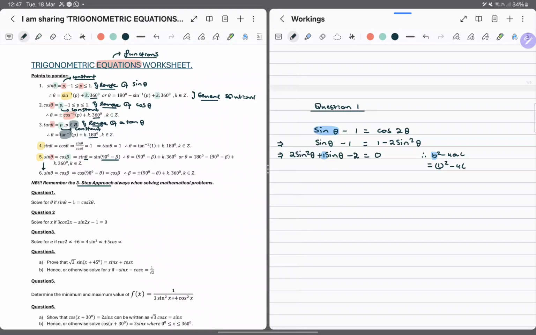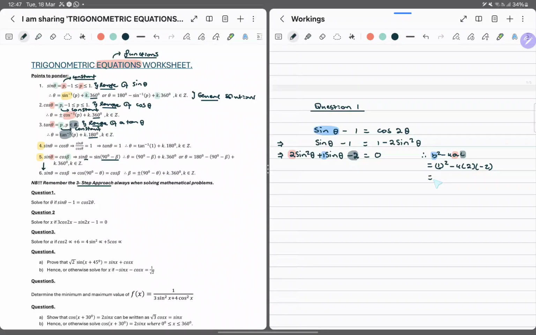And then a is the coefficient of sine squared. Remember, the variable is sine here. Okay, sine of an angle. So this is going to be a, which is 2. Okay, so this is a quadratic, guys. Please, you don't need it in terms of x to see that. And then c is going to be our minus 2, which is the constant.